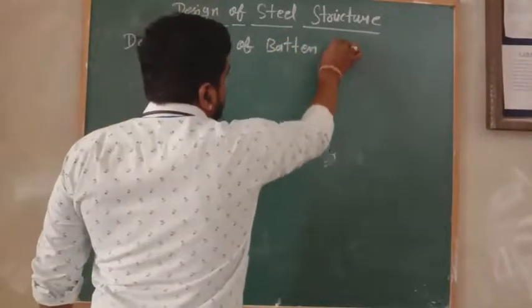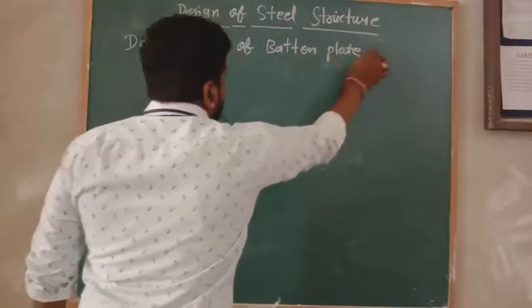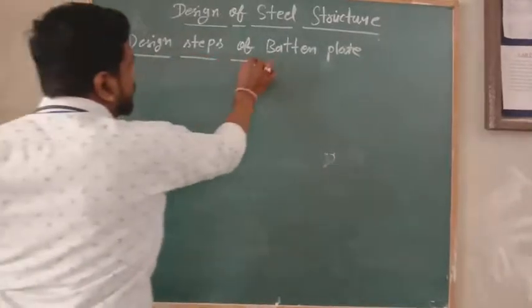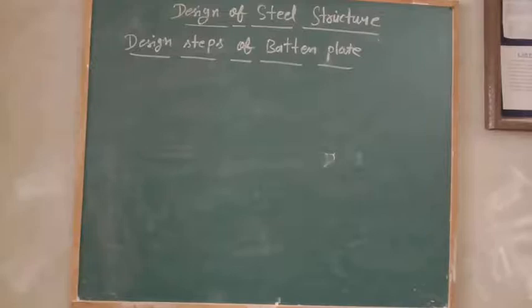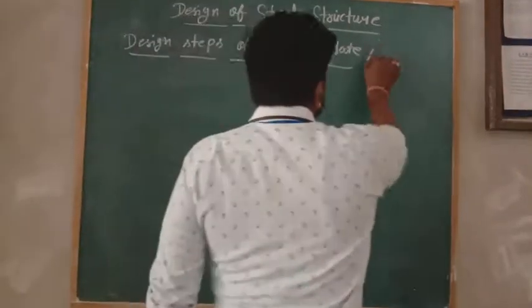How can we design a batten plate in a built-up member? In previous lectures we saw the process of designing a lacing member, and now we will see the batten plate design process. The code which we use is IS 800 2007.